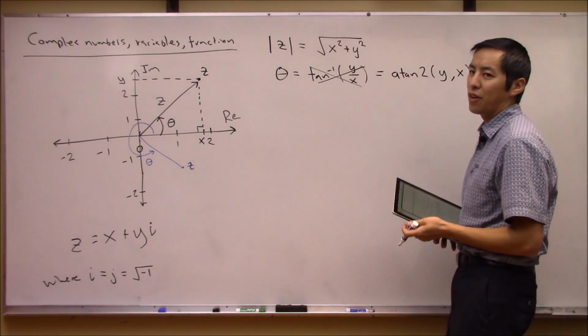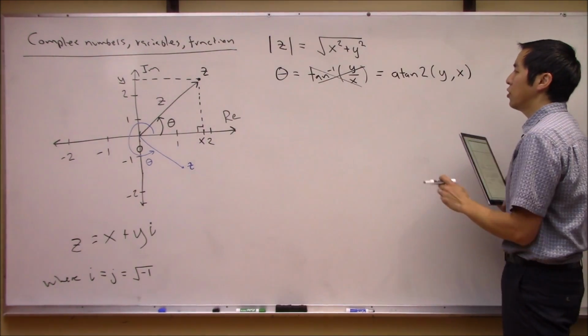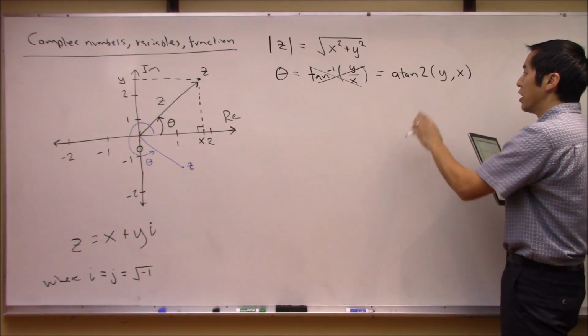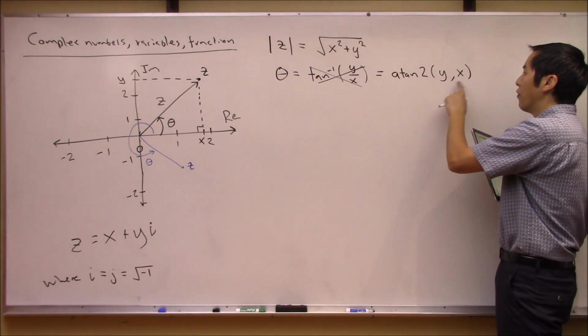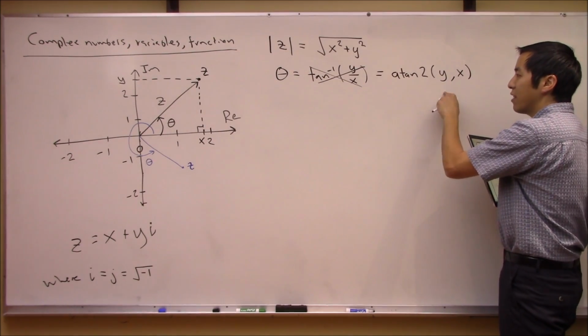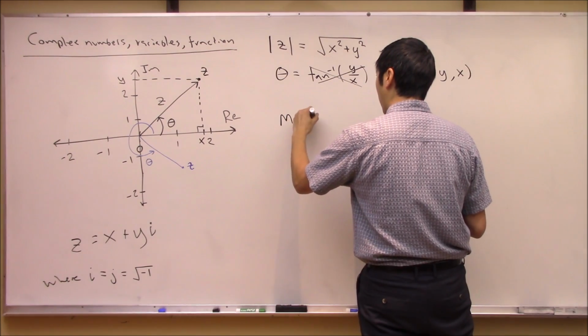Now, here's another one of these interesting places where we have to worry a little bit. With atan2, and in general any 4-quadrant inverse tangent, you have to make sure you understand and read the manual of the software package that you're using. What I mean by that is, let me make myself a little table.